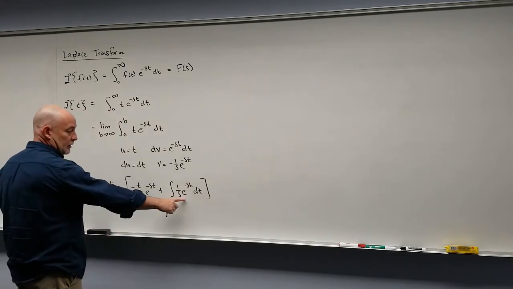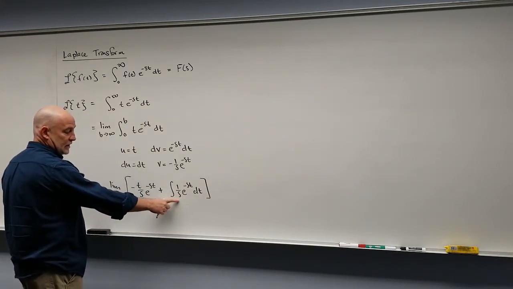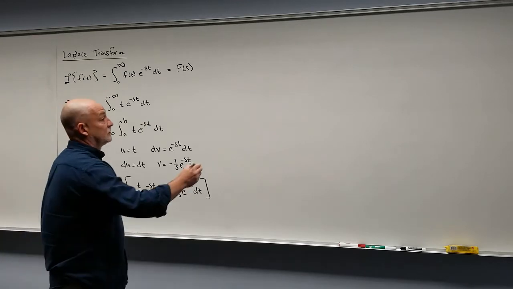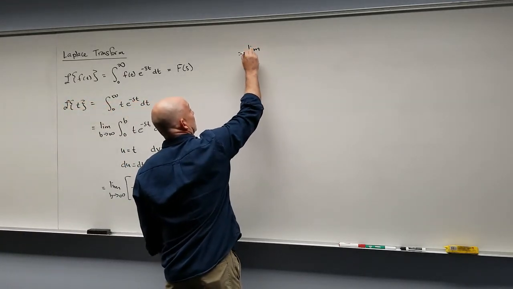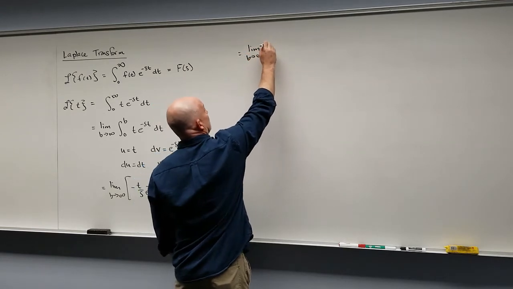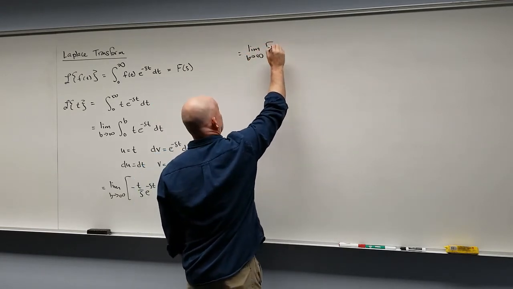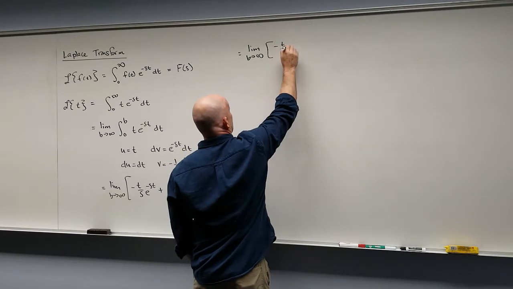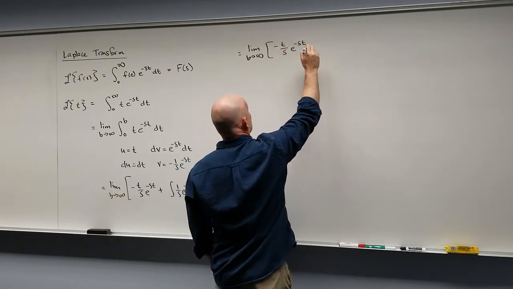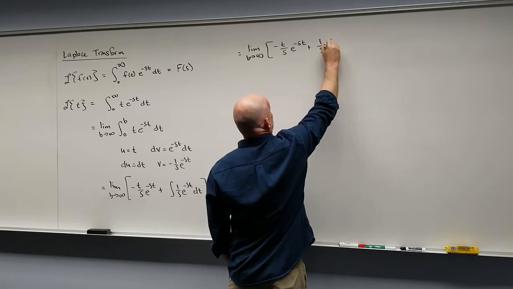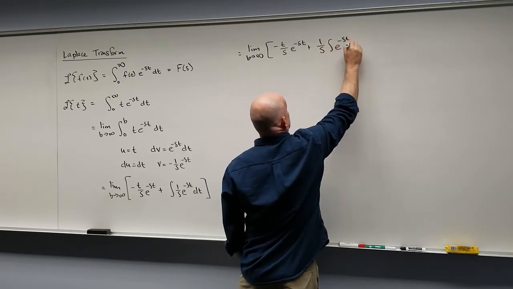All right, now again, we're integrating with respect to t, so this s is a constant for this piece. So this is the limit as b goes to infinity of negative t over s e to the negative st plus, let's go ahead and just pull that 1 over s out, the integral of e to the negative st dt.